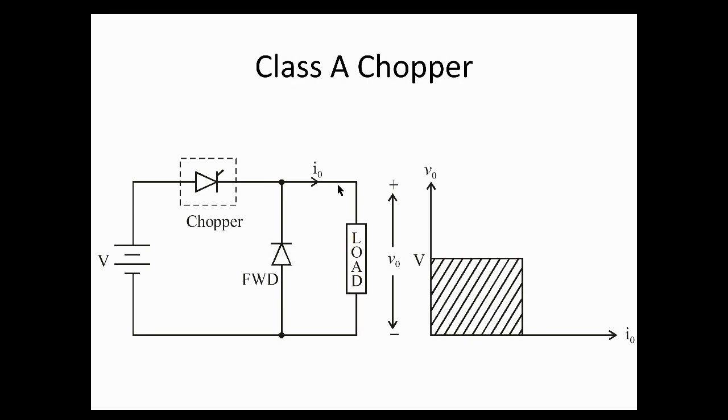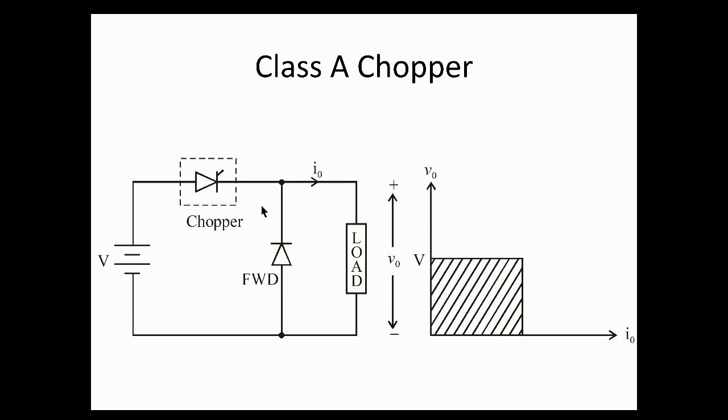Because that must be the condition for it to be a class A chopper. So I wanted you to look at it for a few minutes, and then you can tell me what is happening. Somebody to volunteer and explain to me when the chopper is on, what is happening, when the chopper is off, what is happening.